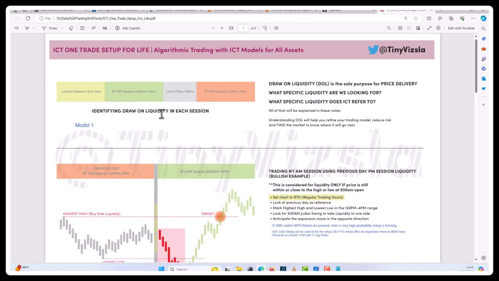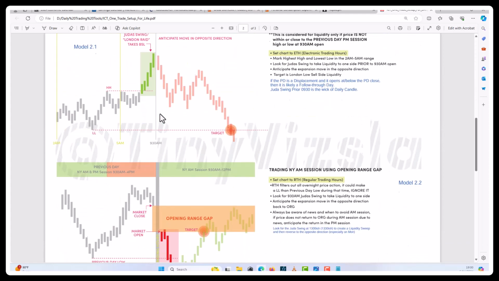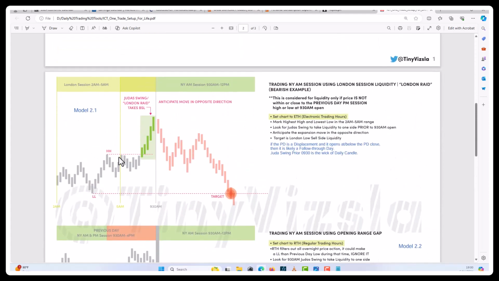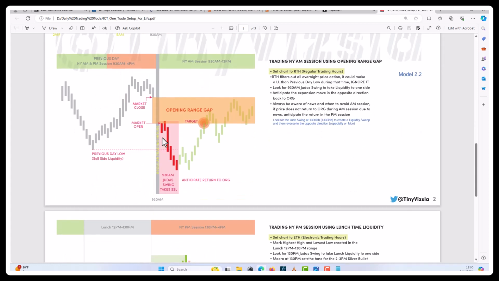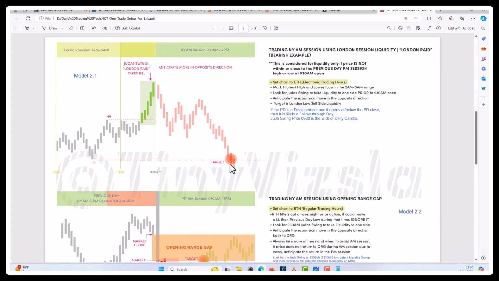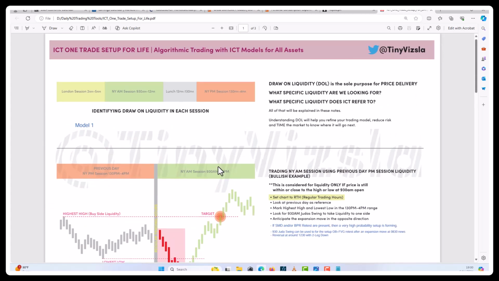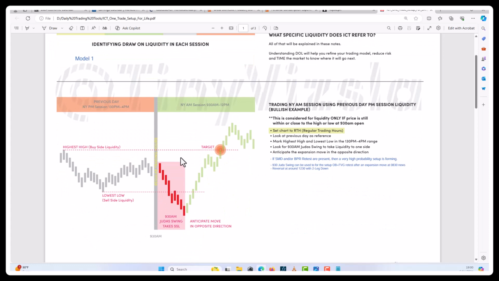It's the very first model, model 1, and model 2 shows before the 8:30, and then the model that has a gap down. That's what happened yesterday, and I think we had one more instance where we executed this model successfully.